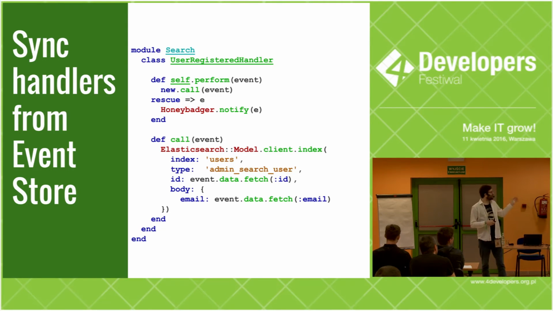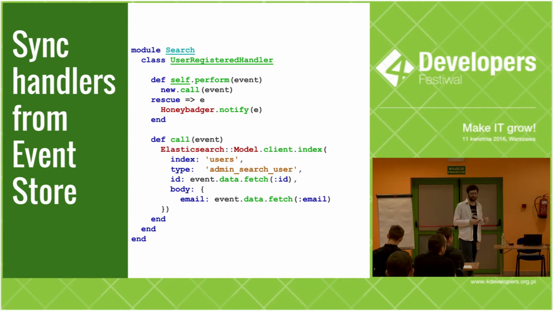In this example, the handler does not have any dependencies, so it's a simple situation. But in case of more complex handlers, there are some dependencies that we pass, and this is nice because in tests you can just create a different instance of the handler with different dependencies passed with some stubs or mocks, and test it without using the perform method, but just by initializing the handler and using the call API and passing the event there.